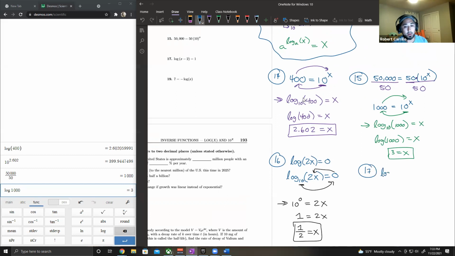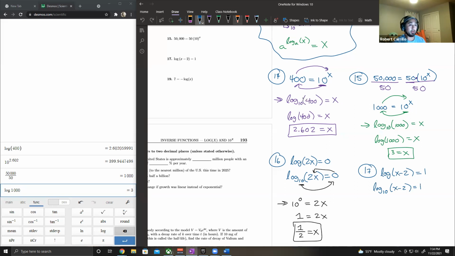17. You have log of x minus 2 equal to 1. So again, same situation here. We're going to solve for x. We need to get x out of the logarithm. So we're going to convert from log to exponential. So the first thing we want to do is rewrite this with the base of 10. Log base 10 of x minus 2 equal to 1.